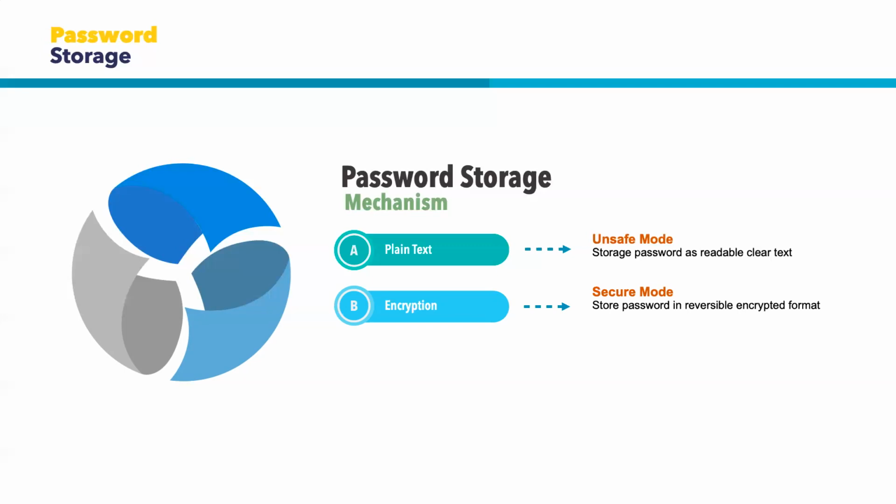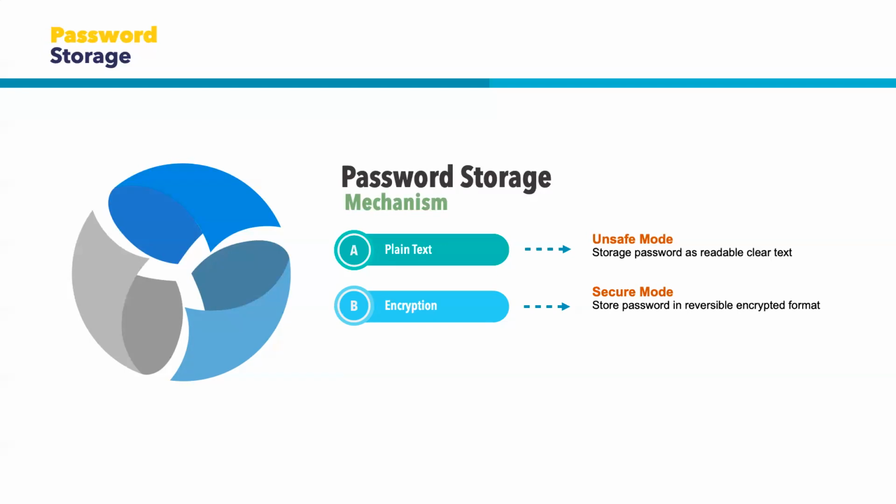Once I know the encryption key, I can also decrypt, meaning the password is reversible, right? So if I can encrypt, then I can also decrypt. Although this is sort of a protected mode, it is not recommended because of the reversible property of encryption.